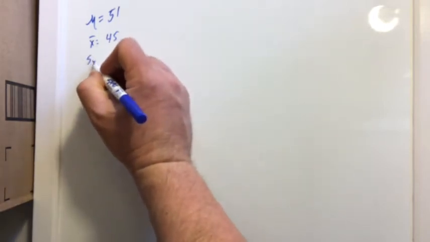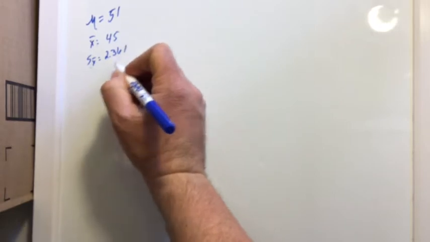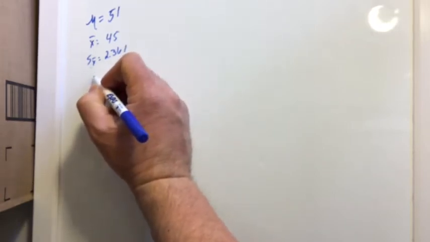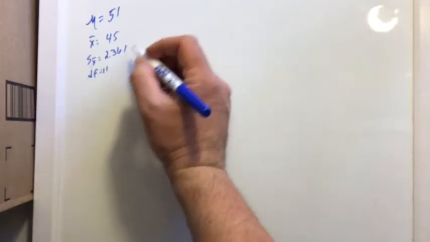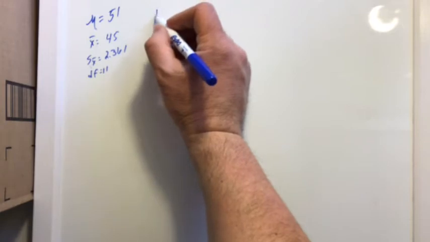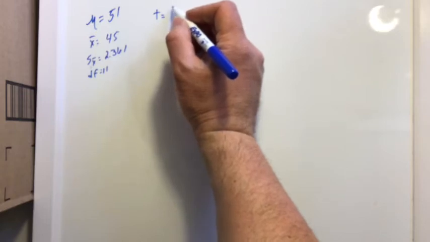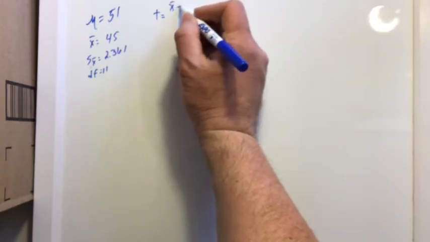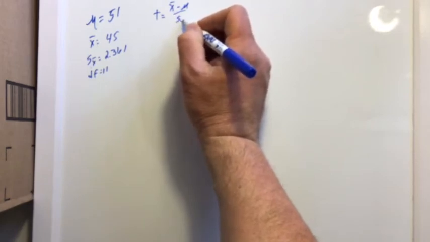So we already know the S sub x bar was given to us, 2.361, and we've got degrees of freedom equals 11. So what is it that we need here? Well, if we're doing a one sample t-test, we need to calculate a t-value. How do we get our t-value? We take x bar, our sample mean, minus mu, what was claimed for the population, all over S sub x bar.